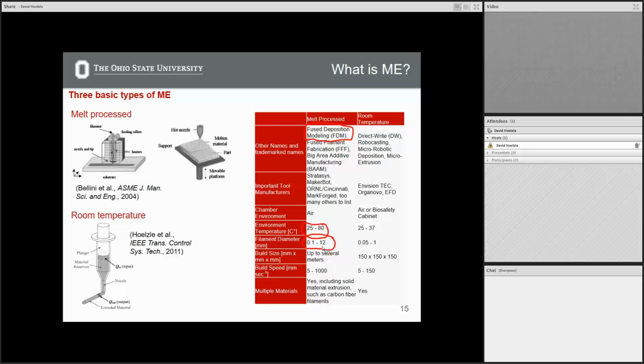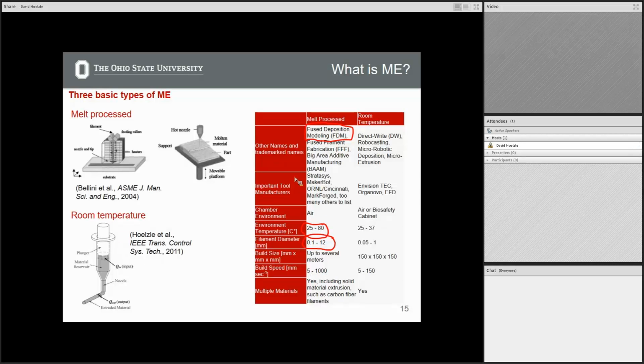And then all the way up to 12 millimeters for the cases if you want to build some parts of a house. 12 millimeters, half an inch, right? It's a pretty wide range of filament methods. Build sizes up to several meters, if possible, build speeds ranging from 5 millimeters per second all the way up to a meter per second.